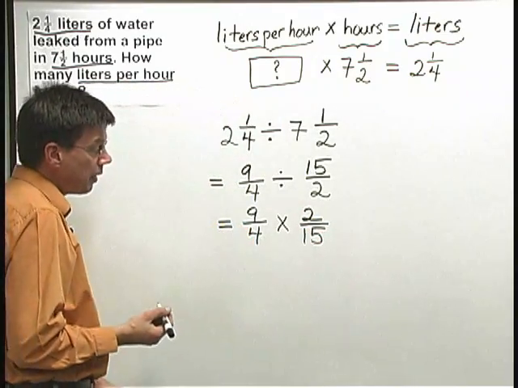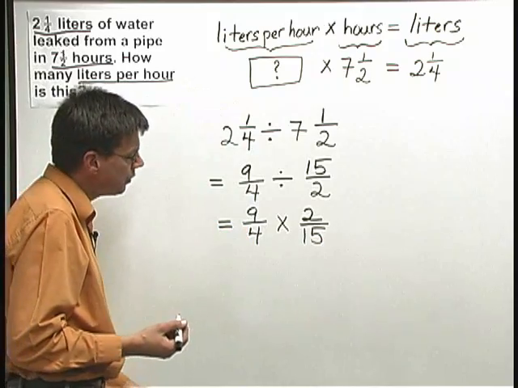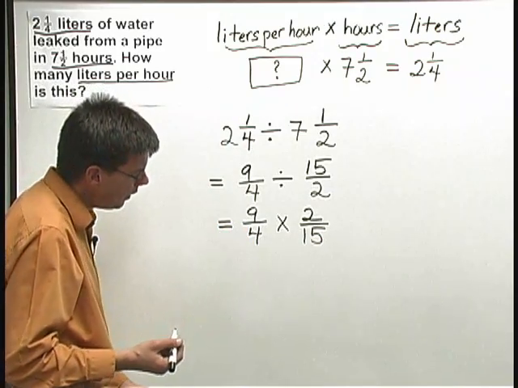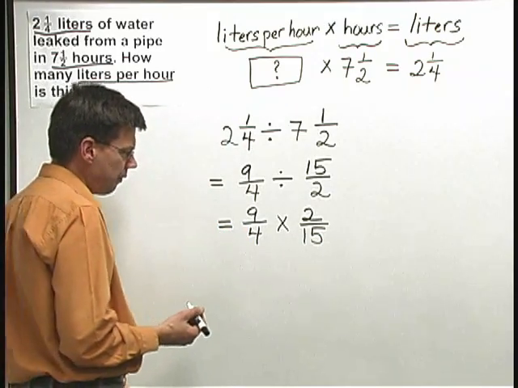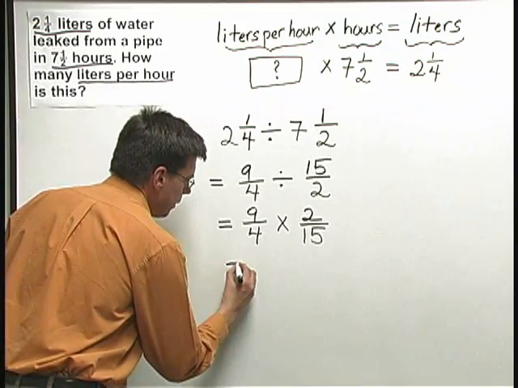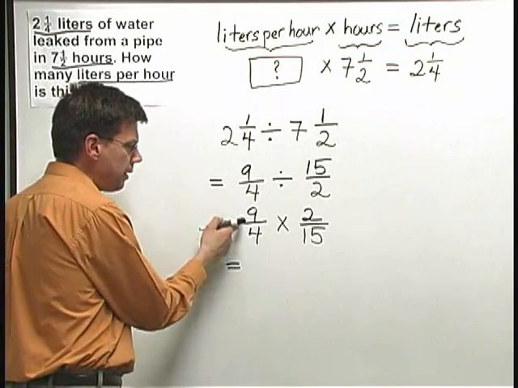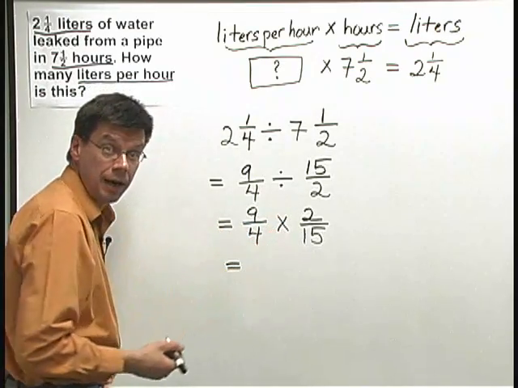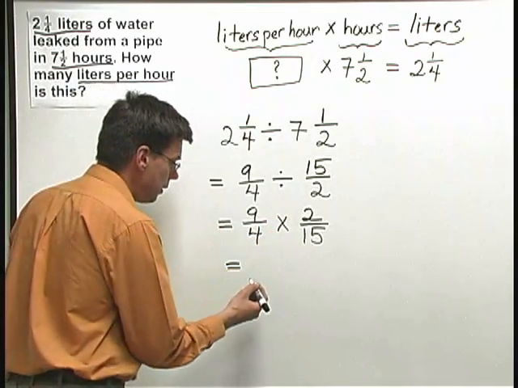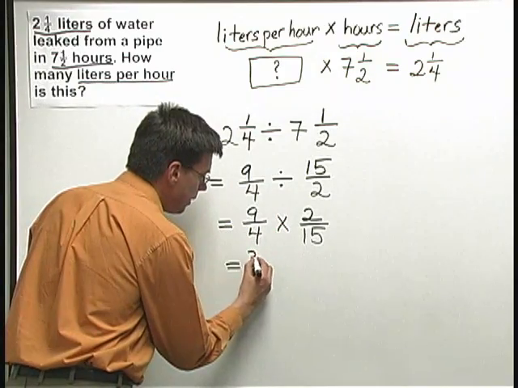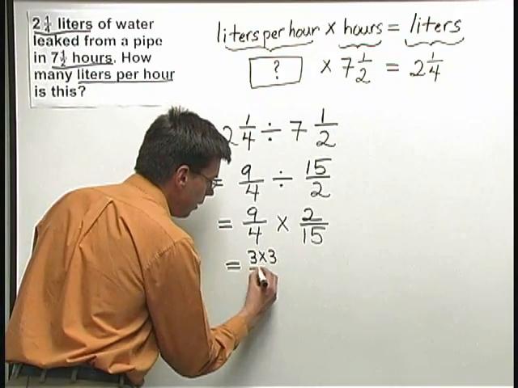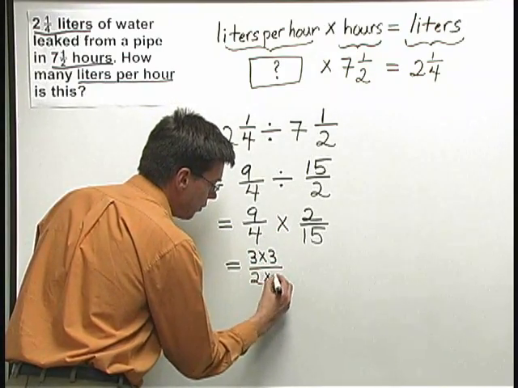And now to multiply these 2 fractions, I want to think about canceling if possible. To see any canceling that I can do, I need to break down the numerators and denominators using multiplication. 9 I can write as 3 times 3. 4 is 2 times 2.